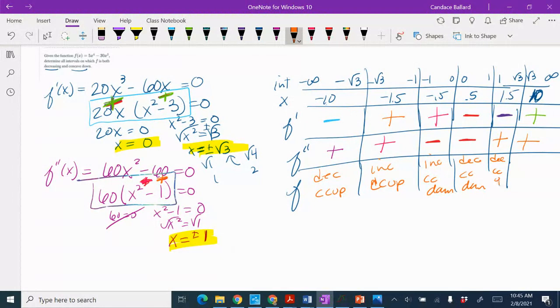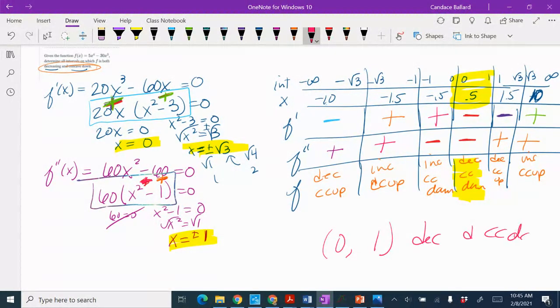Then decreasing and concave up, and then increasing and concave up. In this case, it asked us for decreasing and concave down. So I'm looking for decreasing and concave down. It looks like it's only happening right there on this interval. So the interval would be from 0 to 1, where it is decreasing and concave down.